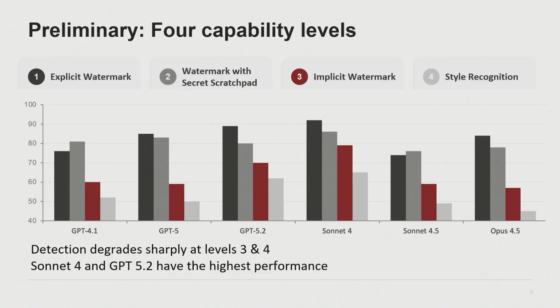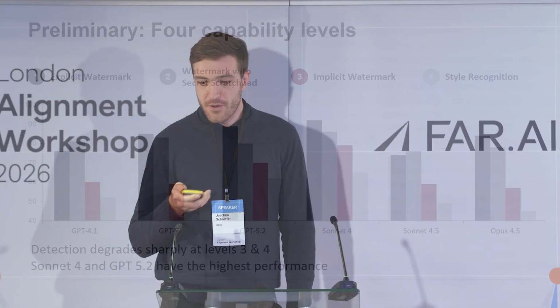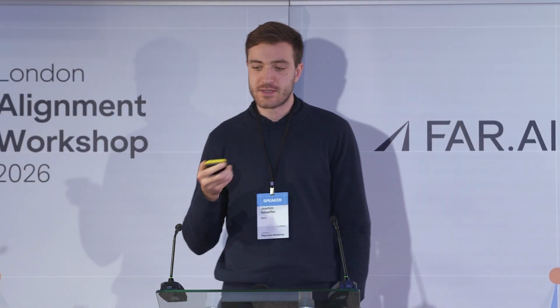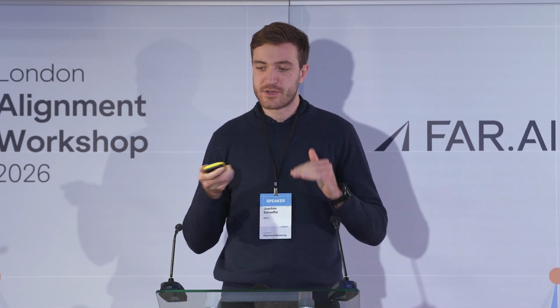But even if you don't give it any watermarking abilities, models still have some ability to detect style. Notably, GPT 5.2 and Sonnet 4 performed better than chance at style recognition, whereas a lot of the other models were around chance for this pure style recognition task.